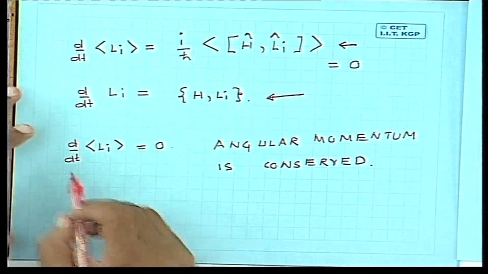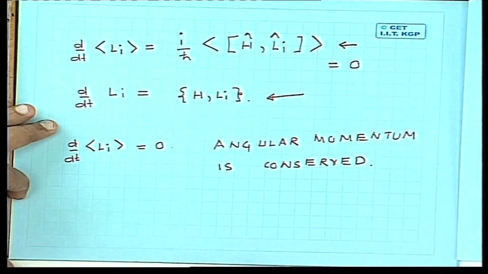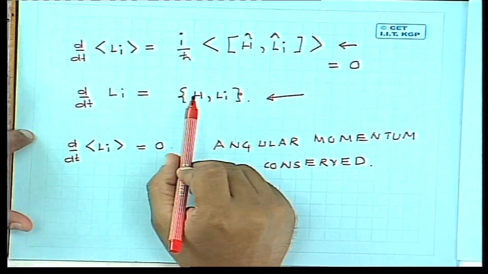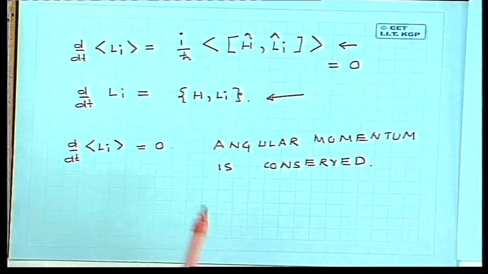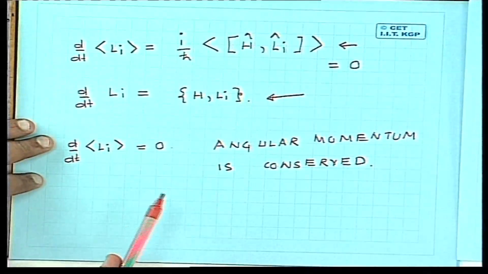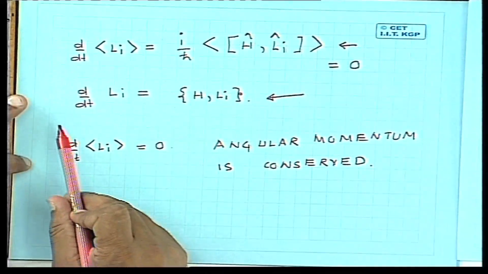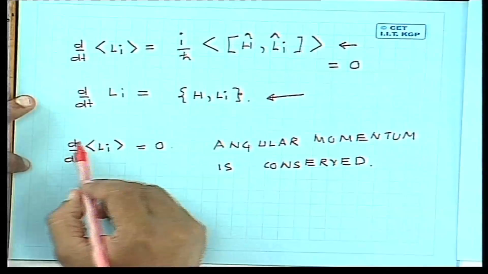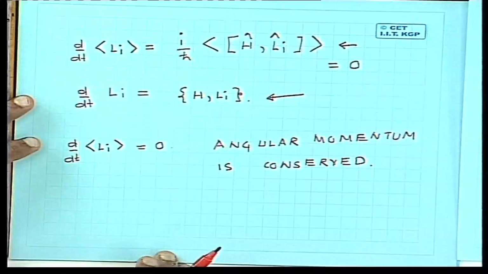So this is not only true for angular momentum. In classical mechanics, any quantity whose Poisson bracket with the Hamiltonian is 0 is conserved. Or you may say that for any conserved quantity in classical mechanics, the corresponding fact in quantum mechanics will be that the expectation value of that quantity is conserved.